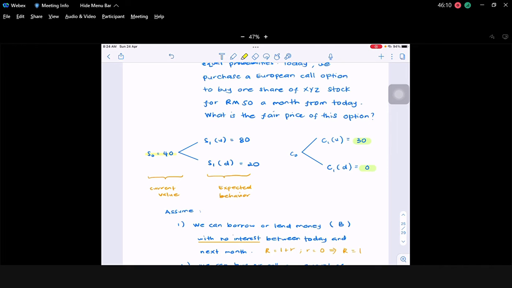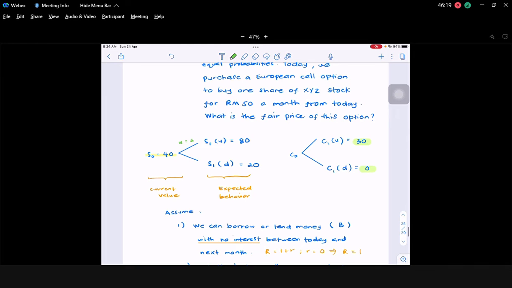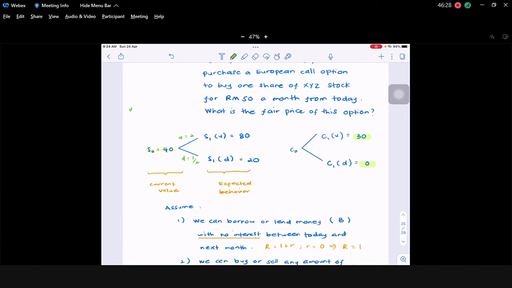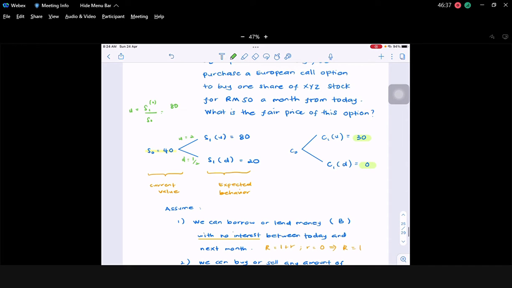And here given U upstate, double the current price, and D half the current price. In other words you can determine U just equal to S1U over S0. So we can determine 80 divided by 40 just equal to 2.